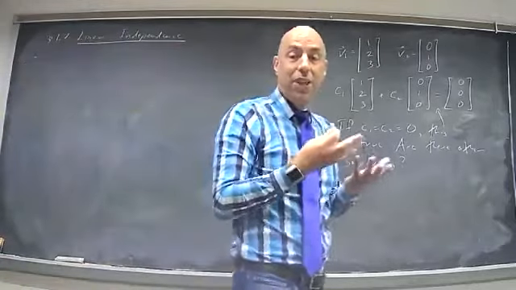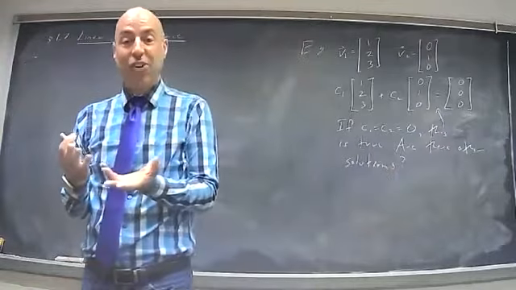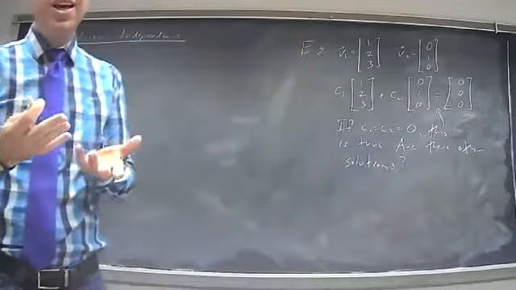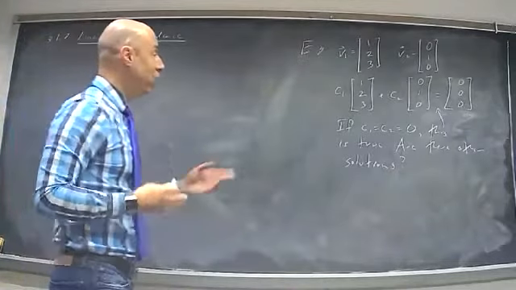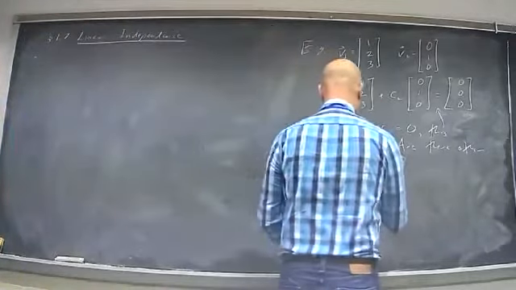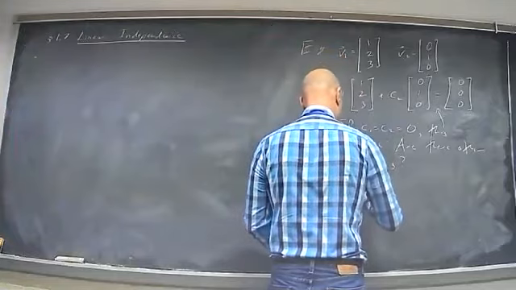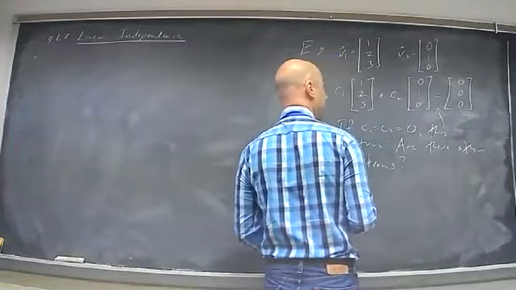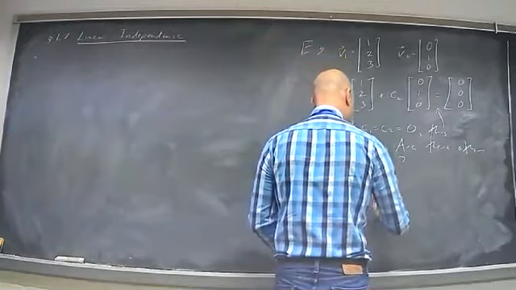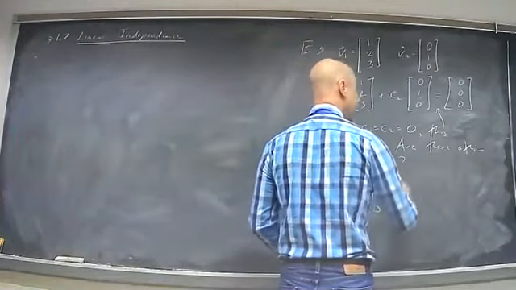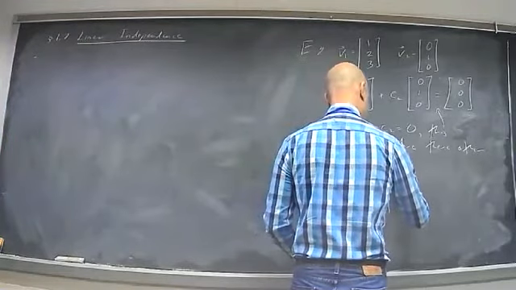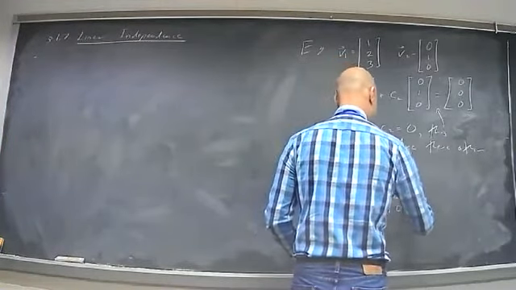But our go-to, our favorite, when we're trying to actually do computations, is to write it as an augmented matrix. So I can go ahead and write this as an augmented matrix. So 1, 2, 3 in the first column, 0, 1, 0. Vertical bar, 0, 0, 0.